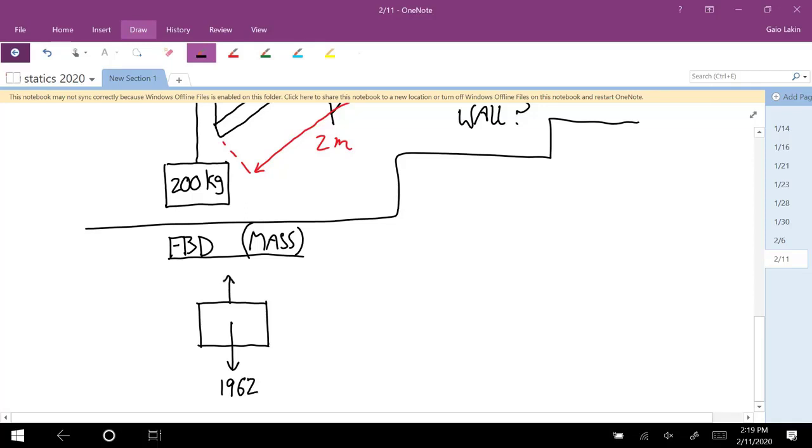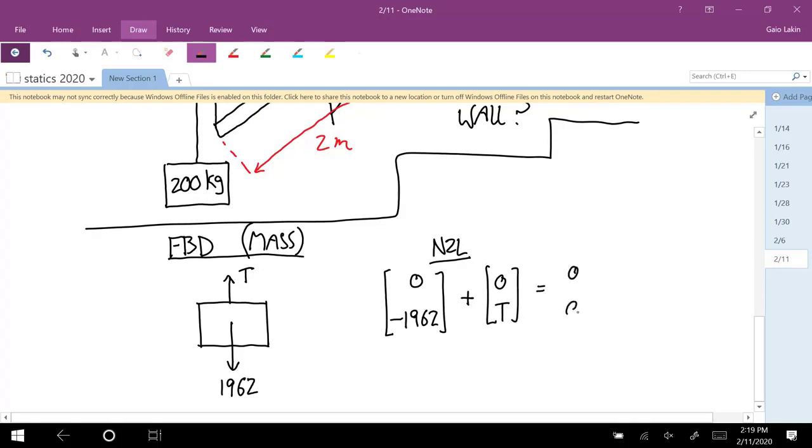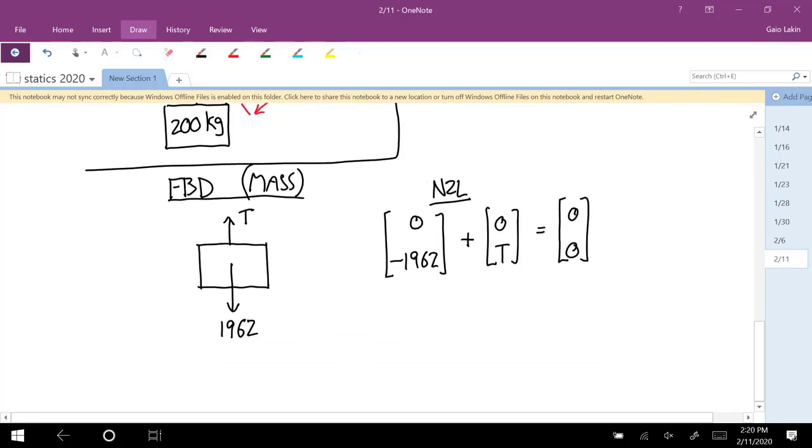And then we have the cable force up. And Newton's second law says 0, negative 1962 plus 0t is equal to, well, for us it's going to be 0 because it's statics. Okay, so the x equation doesn't say anything, but the y equation says T is equal to 1962.